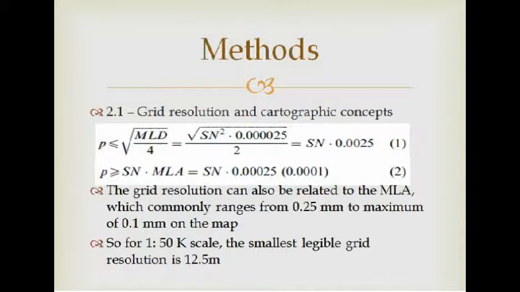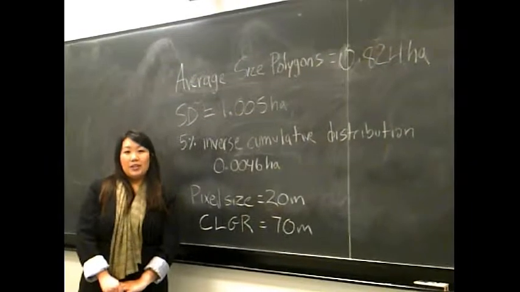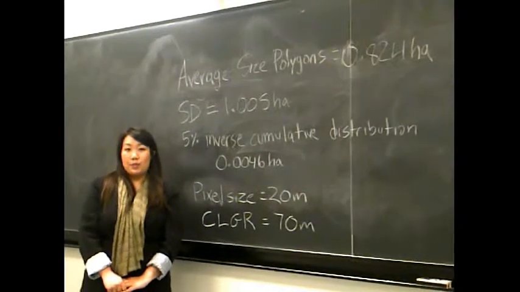The grid resolution can also be related to the MLA, which commonly ranges from 0.25 millimeter to a maximum of 0.1 millimeter on the map. So for a 1 to 50K scale, the smallest legible grid resolution is 12.5 meters. We're using a polygon map that has 122 polygons.